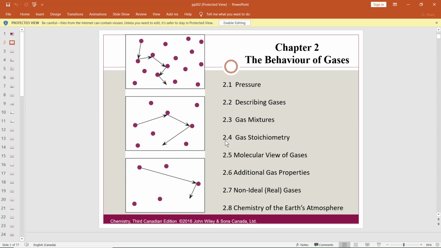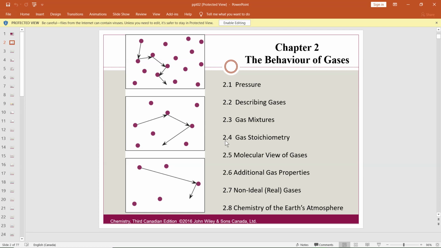We'll look at the properties of gases, mixing of gases, stoichiometry involved with balanced equations, where gases are consumed and or produced. A little bit about the molecular view of gases and some additional gas properties such as density and how we can use gas laws to get identities, and a bit about the non-ideal real gases as opposed to ideal gases.